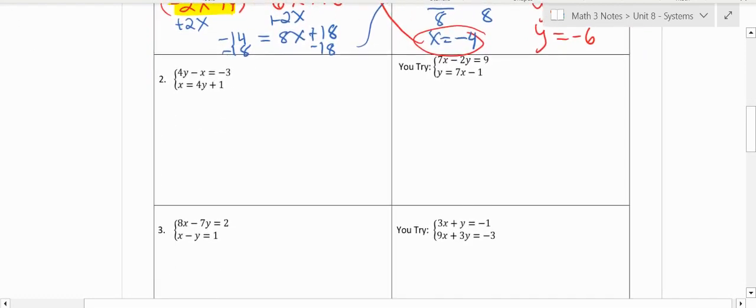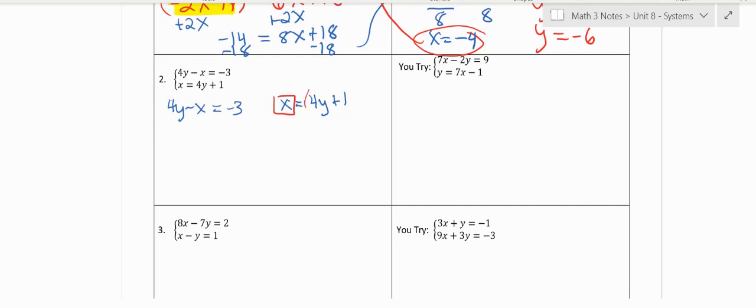And for 2, we're doing the exact same thing. We're using substitution. So this one's a little different because you can see we have our two equations. They're not both y equals. We do have one of them that's already in a form where there's one variable by itself. In this case, we have x is equal to 4y plus 1.